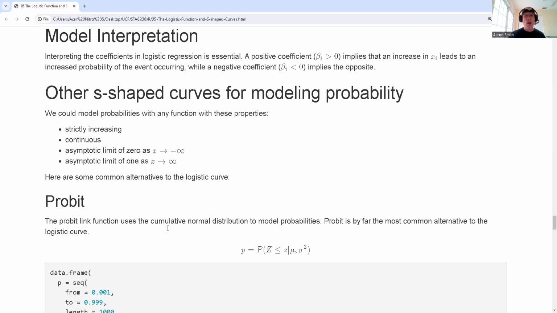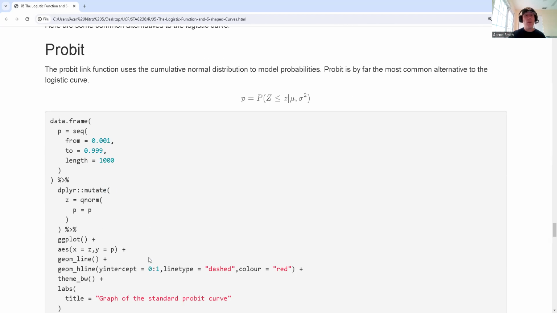The first one is the probit function. The probit function is going to use the cumulative normal distribution to model the probabilities. This is by far the most common alternative to the logistic curve. So instead of the logistic curve that I showed you, it's going to be the cumulative normal distribution instead. And we're going to use a mean and a variance estimate to tell us what the slope and the intercept are when I only have one predictor variable.